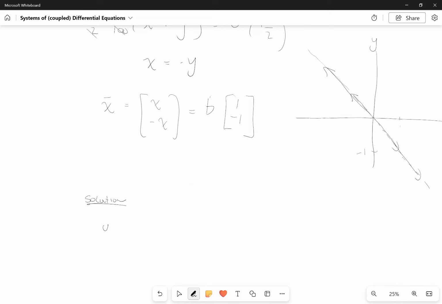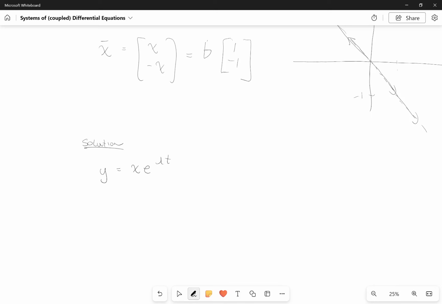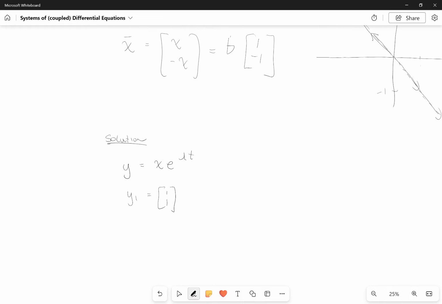Okay, so we said that y is x e to the lambda t. And we have two particular solutions. We have y1 is equal to, now x was (1, 1), times, I'm using a and b, so this is going to be a (1, 1) e to the lambda t, with lambda equals 0 in the first case. So this becomes just a (1, 1).